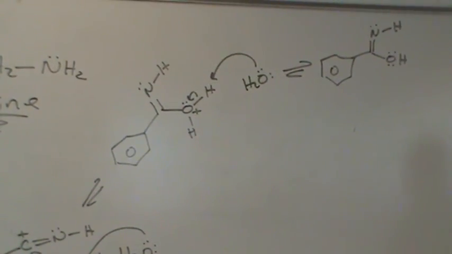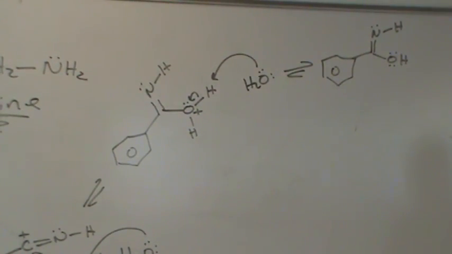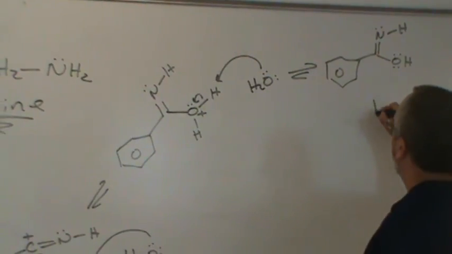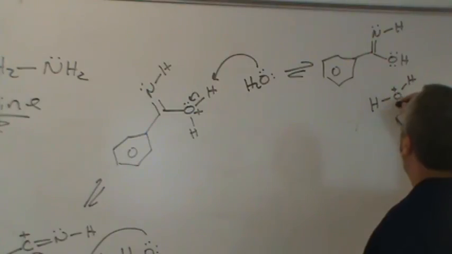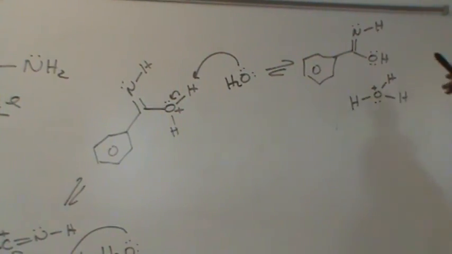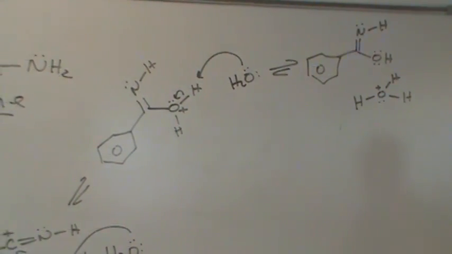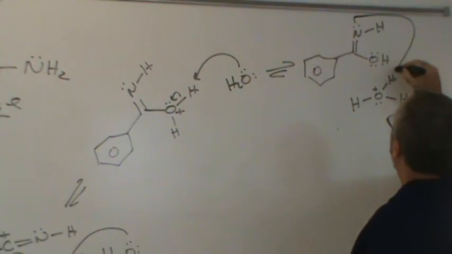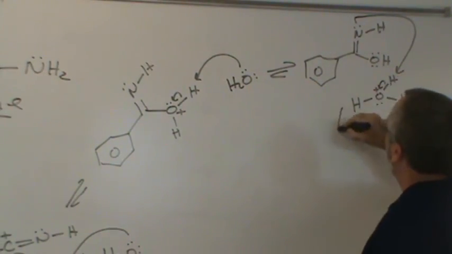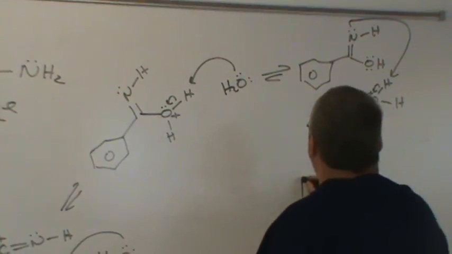Now this is an interesting looking species. Really what we have here is a disguised amide. So let me show you what I mean. If I were to continue this reaction by allowing the molecule that I've just formed to react with another equivalent of H3O+, there that nitrogen can pick up another hydrogen. Watch what happens.